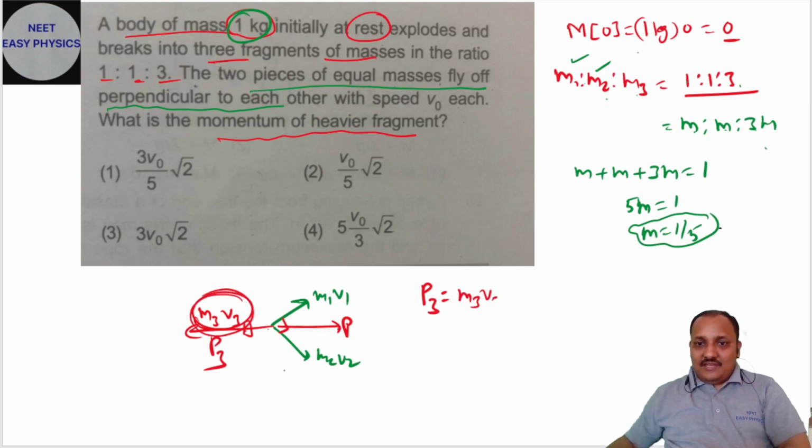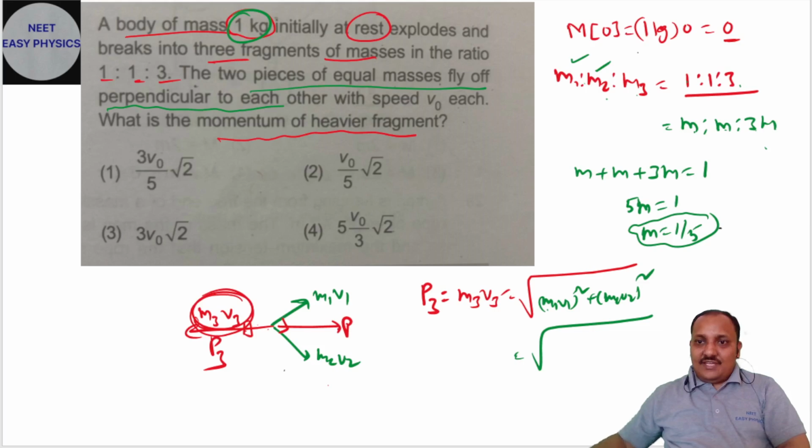Therefore, M3V3 is equal to the resultant of M1V1 and M2V2, which is root of (M1V1) whole square plus (M2V2) whole square. What is M1 here? We are taking it as m. Therefore, m, and what is the velocity they gave?